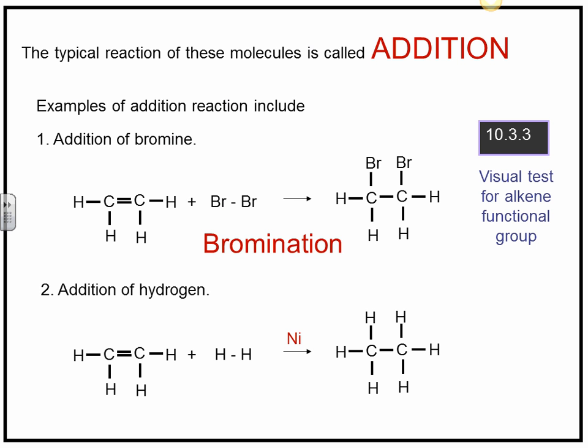Because if a question appears in the exam and they say a chemical X reacts with bromine when exposed to UV light, then now we're talking about free radical substitution of alkanes. But if they say substance X reacts with bromine in the dark, then you know it can't be an alkane, because the alkanes need that UV to get the reaction going.